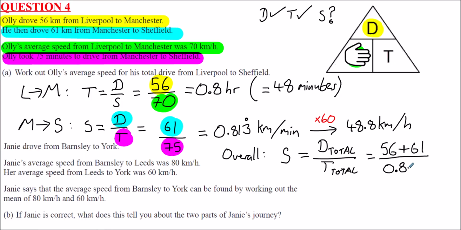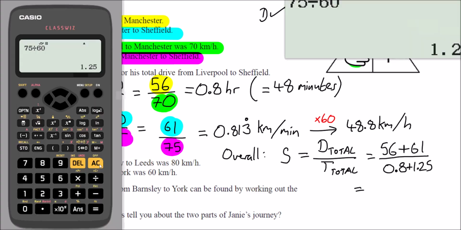Not 1 hour 25 minutes, not that at all, but 1 1/4 hours. So if we type this in carefully, we'll have our solution. So it's 56 plus 61, all of that divided by 0.8 plus 1.25.